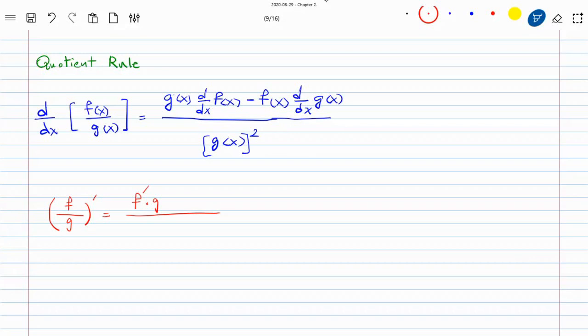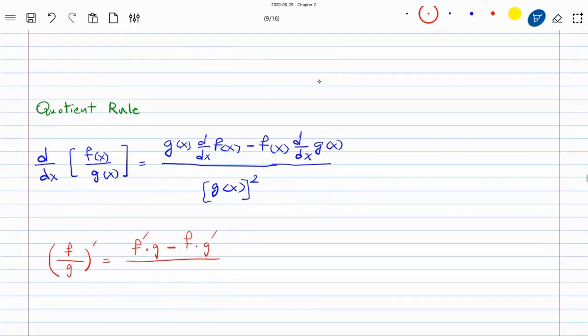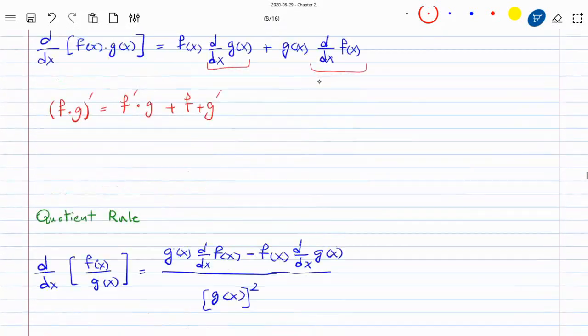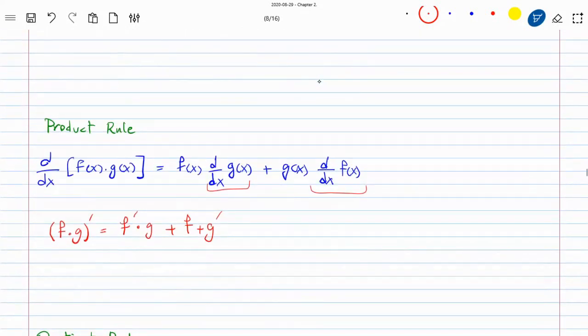If you remember, compared with the multiplication, in the multiplication there was addition, but here in the fraction it would be subtraction. The derivative of g times f, and the only difference is you have to divide by the denominator squared. The numerator derivative multiplied by the denominator minus the numerator times the derivative of the denominator, all divided by the denominator squared. Again, we will do examples of this, but I just want to show you the notation. These are the product and quotient rules. All can be proven by using the definition of the limit.